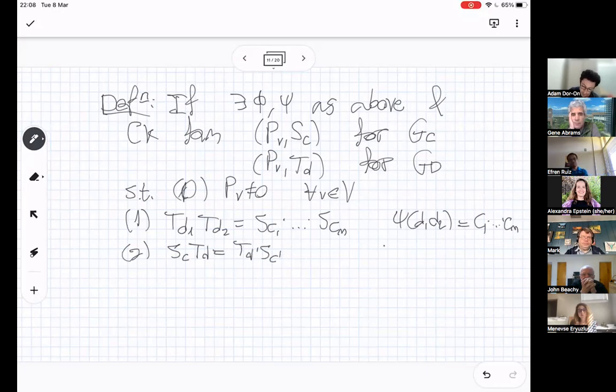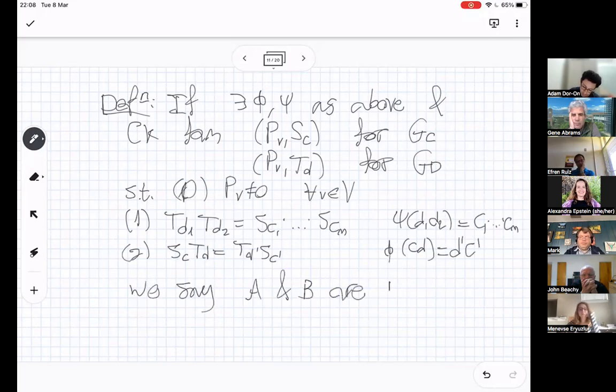This is if phi of CD is equal to D'C'. So this is the natural way to represent shift equivalence in terms of operators, and we dub this representable shift equivalence. So we say A and B are representable shift equivalent in this case.